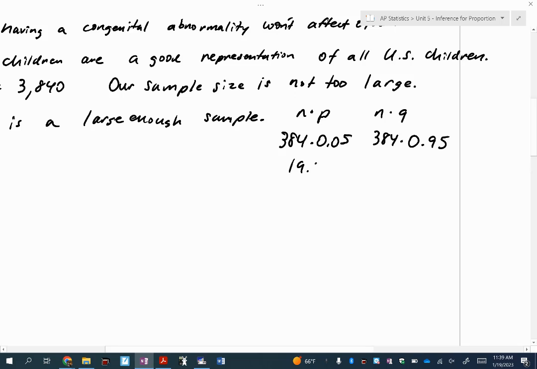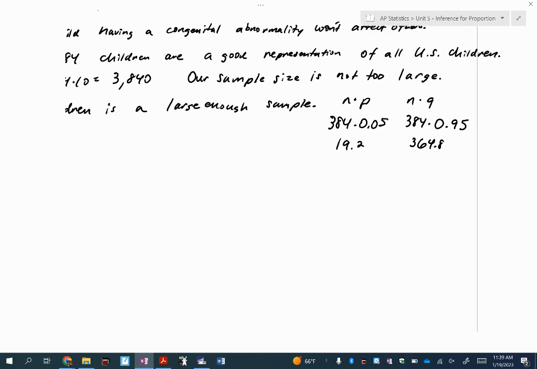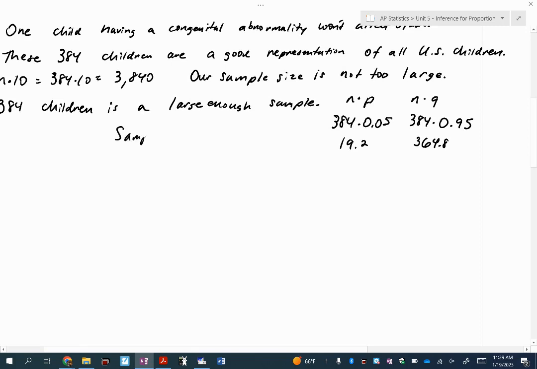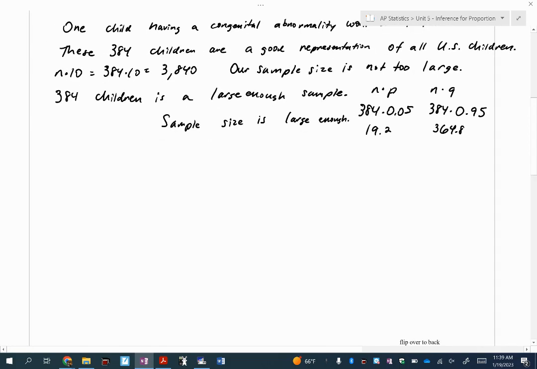And this one is 364.8. Both numbers are 10 or higher. So our sample size is large enough. Now we're ready for our statement to explain what we're going to do. The conditions have been satisfied.